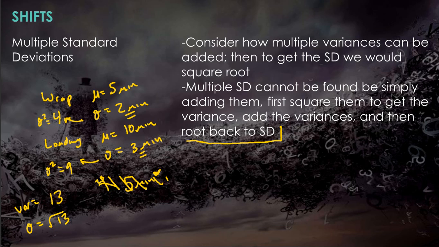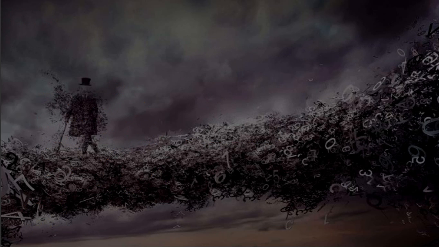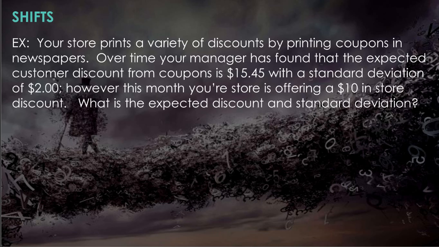Luckily for now, the questions are not going to be that bad for us. So suppose your store prints a variety of discounts by printing coupons in newspapers, and over time your manager has found that the expected customer discount from the coupons is $15.45 with a standard deviation of 2.